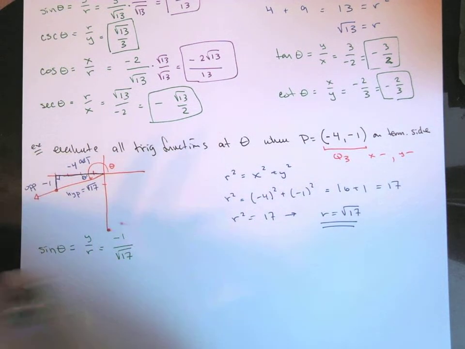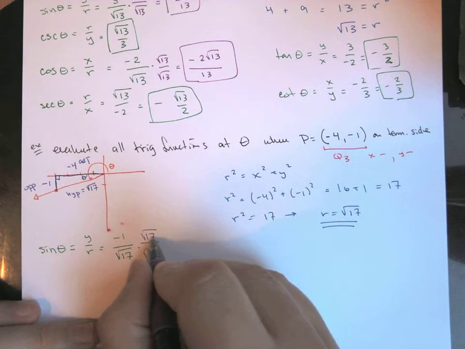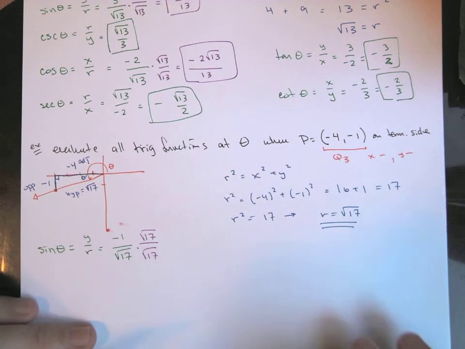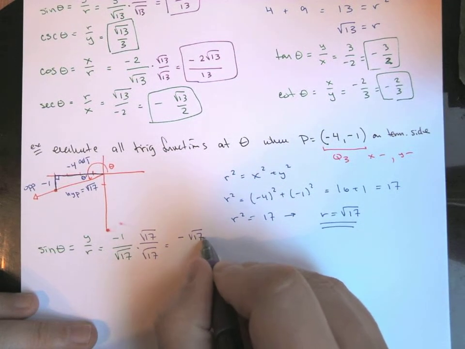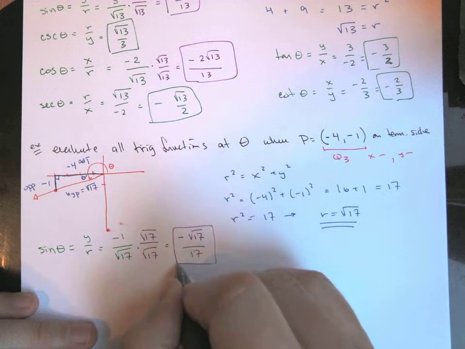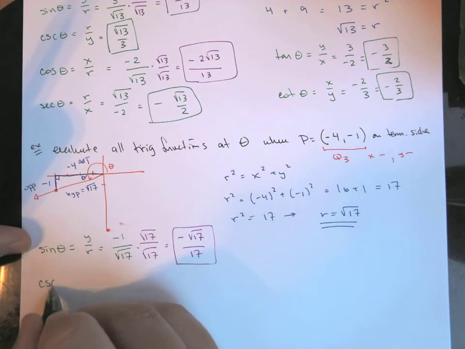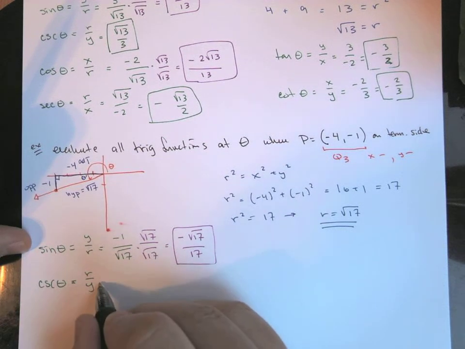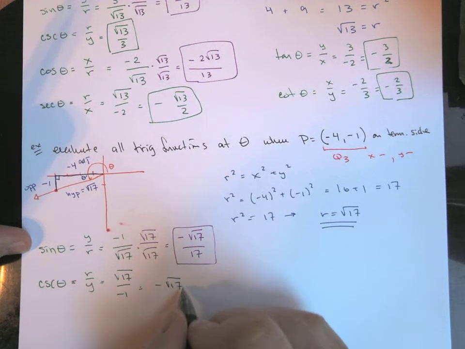One of the things here that's a little unfortunate is, the probably natural tendency is going to be to make your x's and y's whole numbers, which means if you get a root, it's very likely to be the hypotenuse. So you're kind of starting off with a little bit of rationalization. So this would be negative root 17 over 17, right, times the negative 1. Cosecant, if we just flip that over, radius over y, so that's just going to be root 17 over negative 1, negative root 17.